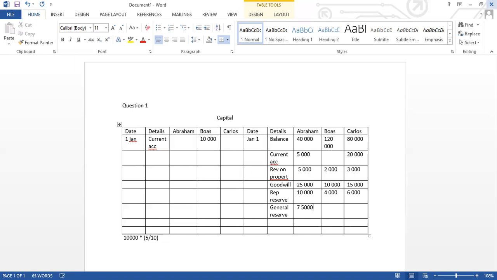How much will Boaz get? 3,000. And then 4,000 for Carlos. 4,500. Do we understand? Do you have any questions regarding the reserves?